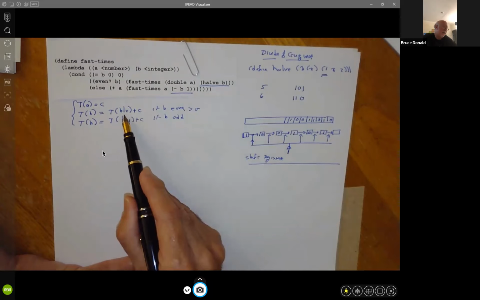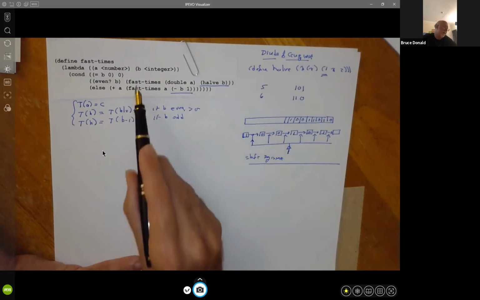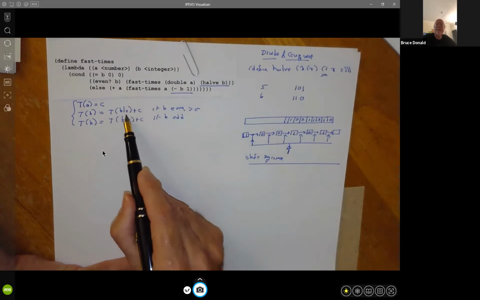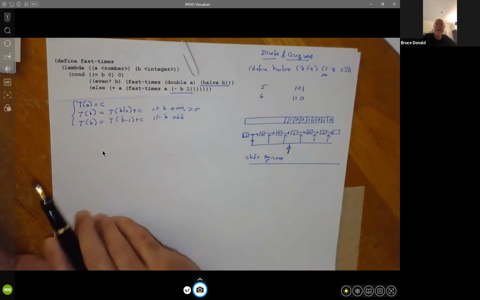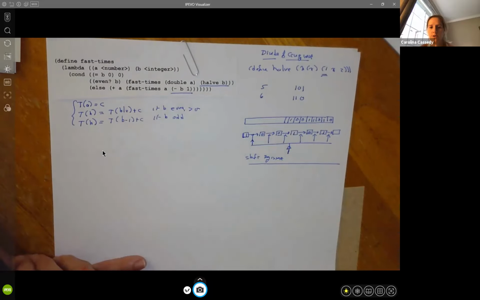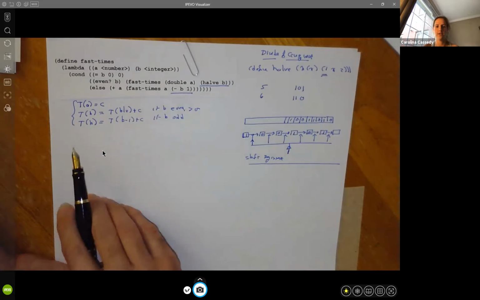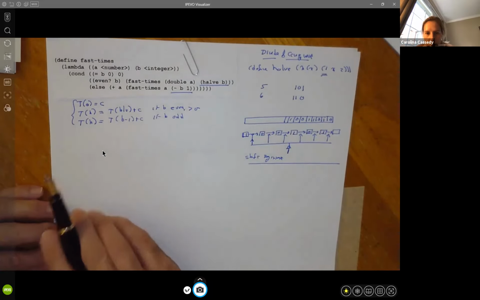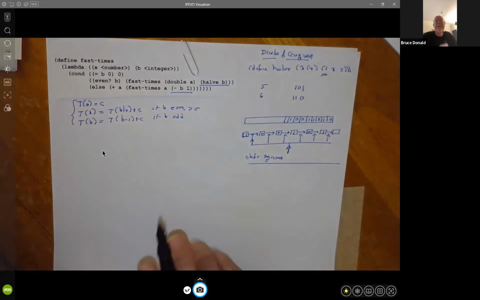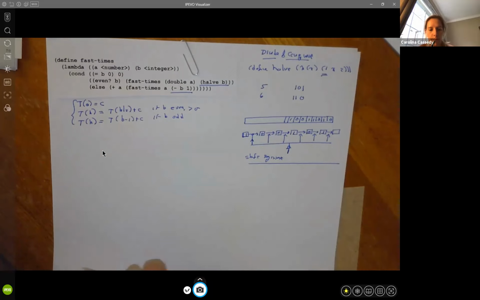So the time complexity of the step to be done here is T of b divided by 2, because the input has been cut in half. We don't have to do anything with A because we don't have to double anything. It's not a measure of the complexity. Like in this model, we can double it. It doesn't affect the complexity in this case. Okay.